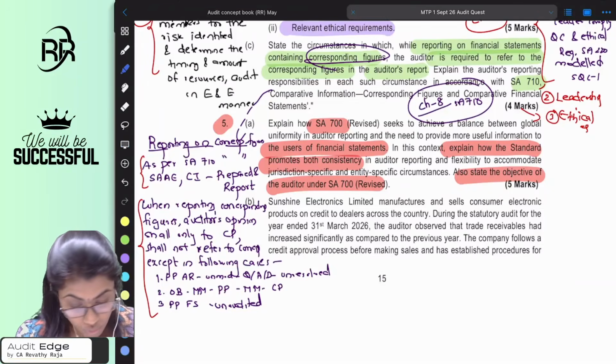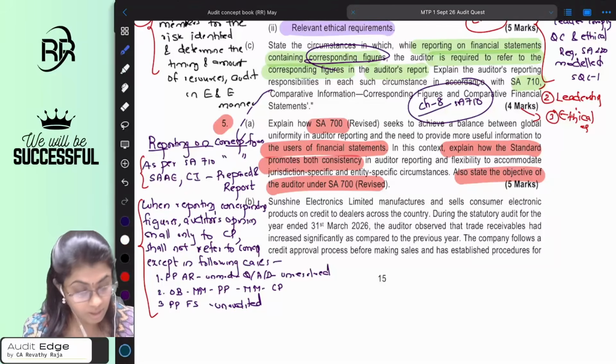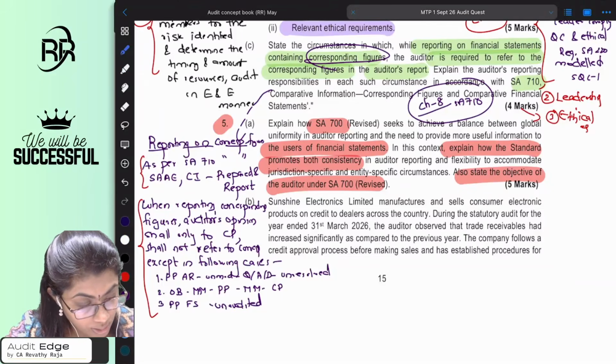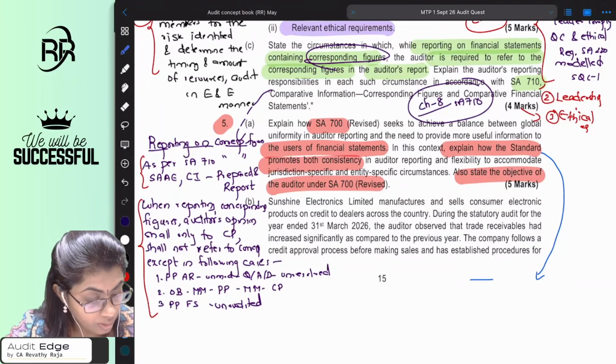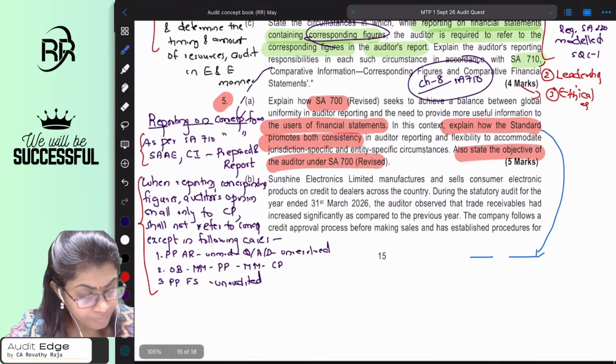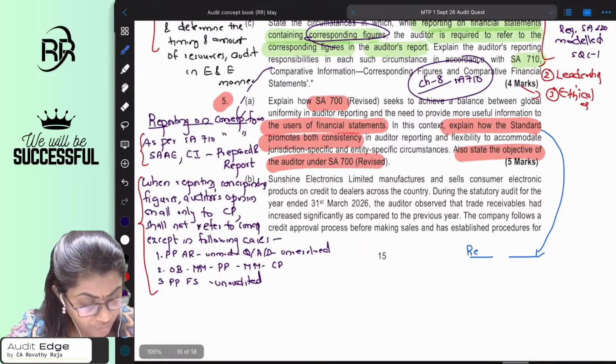So, how to present this particular answer? As usual, you'll put a heading, reporting on FS.